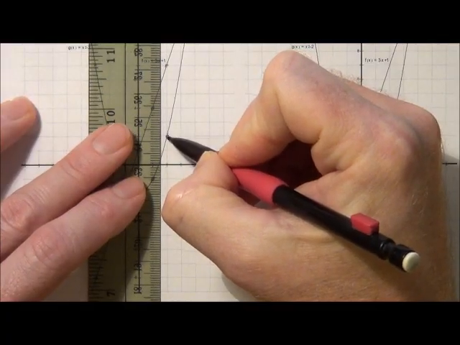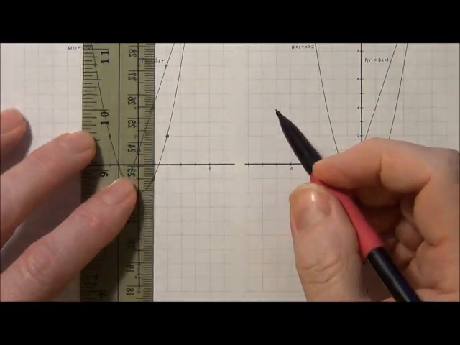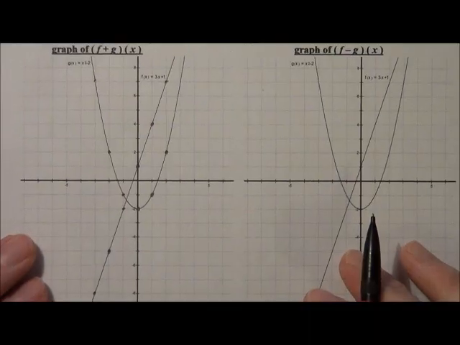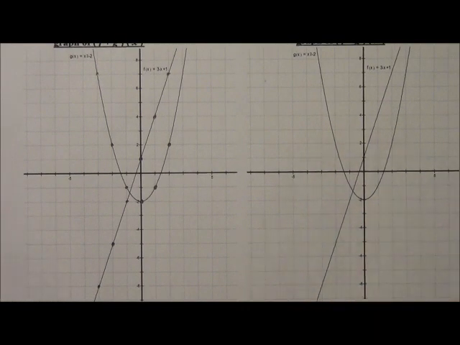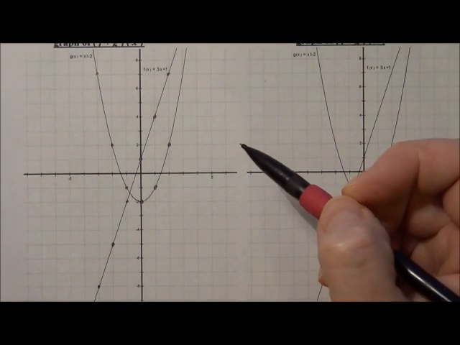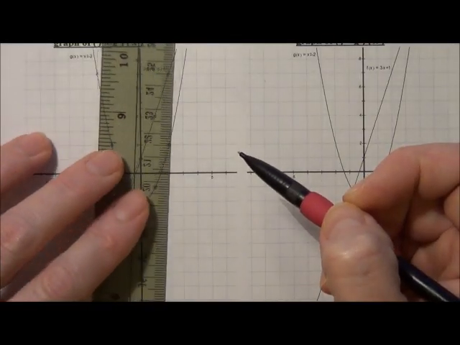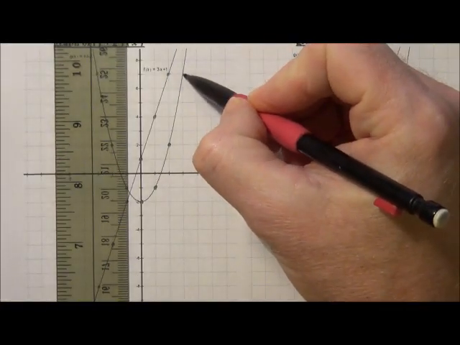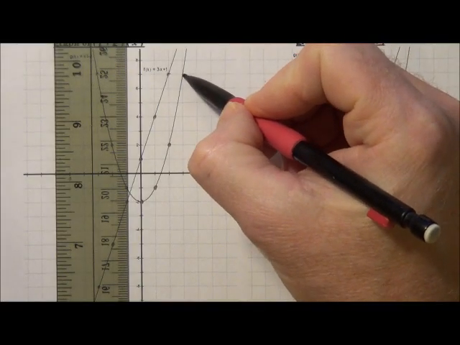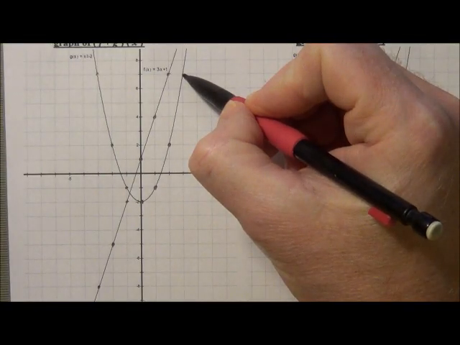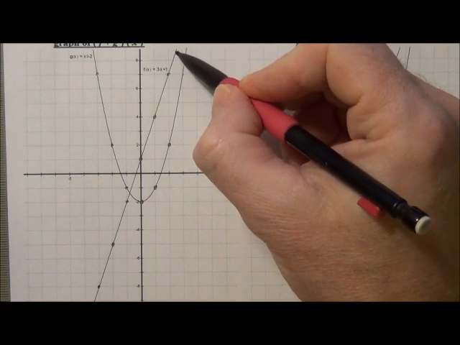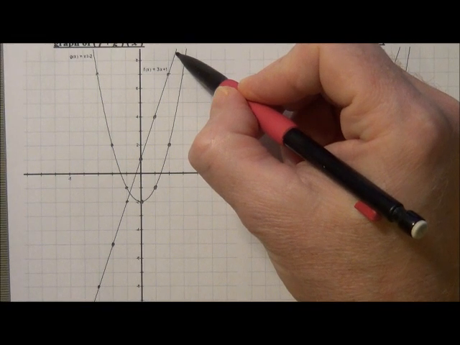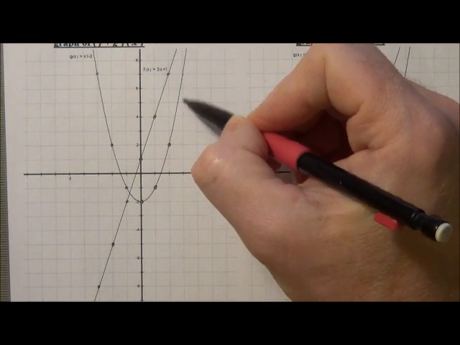And this also should illustrate that the domain has to be the same, because if we were to look way over here, we can see the graph of g of x when x is +3, but we can't see the y value, or the y coordinate of the graph of f of x when x equals 3.